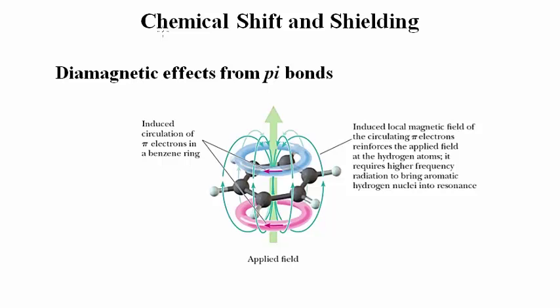An applied magnetic field causes the pi electrons of the aromatic ring to circulate, giving rise to the so-called ring current and an associated magnetic field that opposes the applied field in the middle of the ring, but reinforces the applied field on the outside of the ring. Thus, given the position of aromatic hydrogens relative to the induced ring current, they are deshielded and come into resonance at a larger chemical shift.